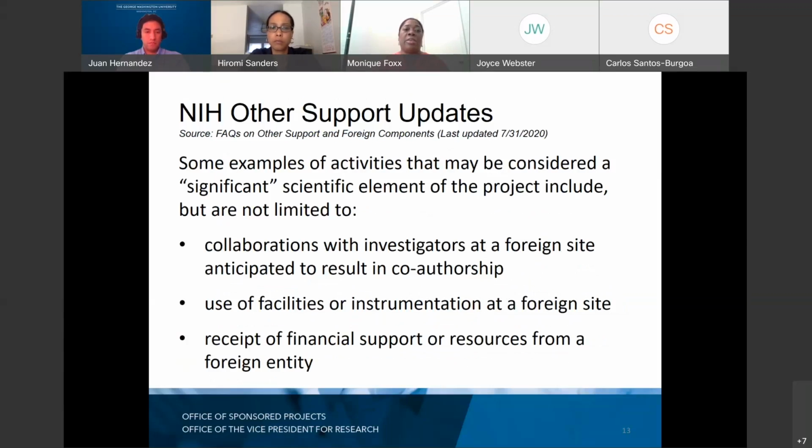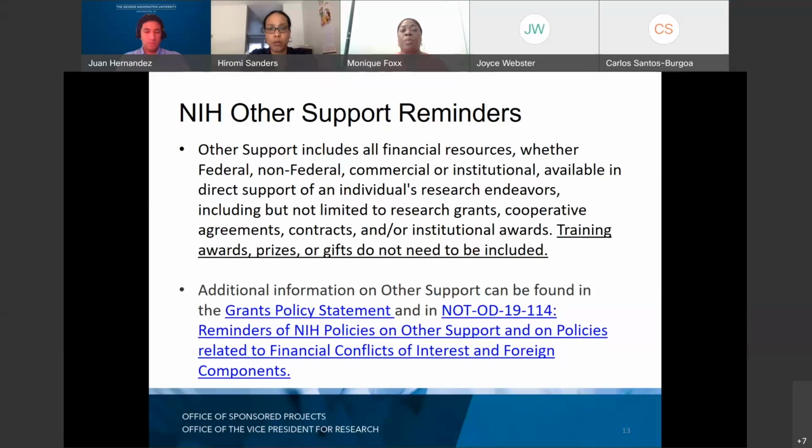We have a list here of some examples of activities that might be considered significant. And of course, collaborations with investigators at a foreign site anticipated to result in co-authorship. Use of facilities or instrumentation at a foreign site. Receipt of financial support or resources from a foreign entity. Here are some reminders.